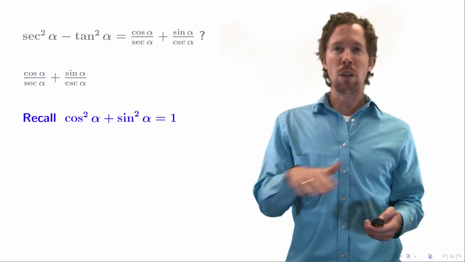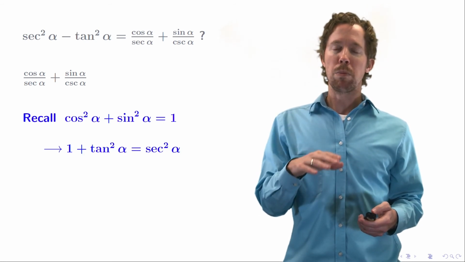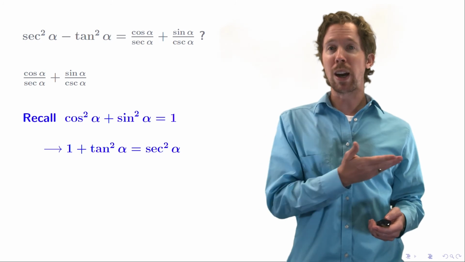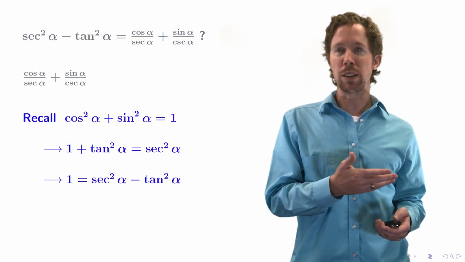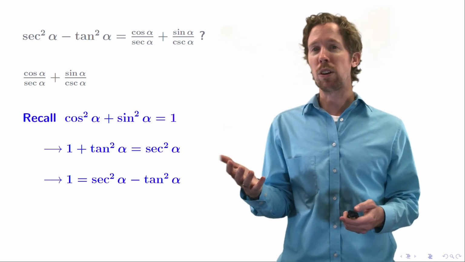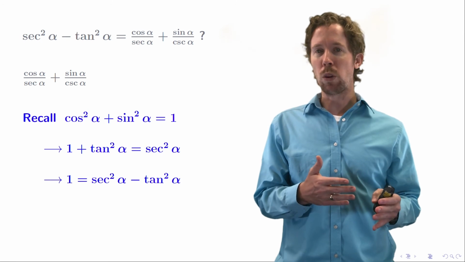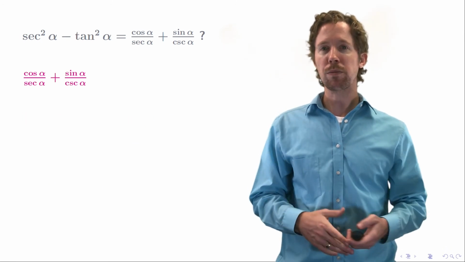And if you divide all of those terms by cosine squared, you get 1 plus tangent squared equals secant squared. And then if you subtract the tangent squared from both sides, 1 is secant squared minus tangent squared. That's what we have on the left-hand side of the equation. So I expect that the right-hand side of the equation will also be equal to 1. So that's where I'm going to try to go with this.